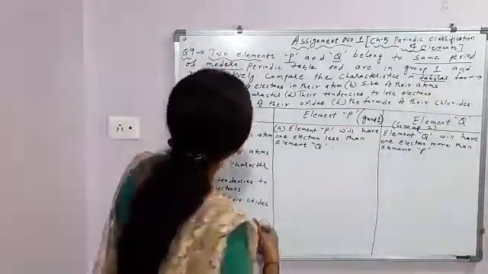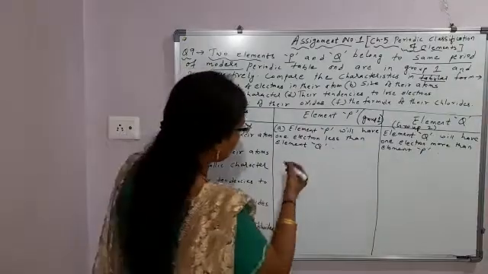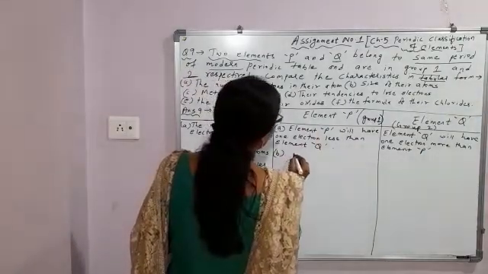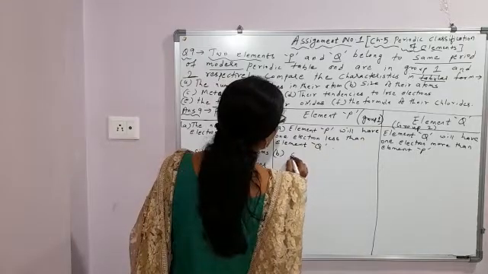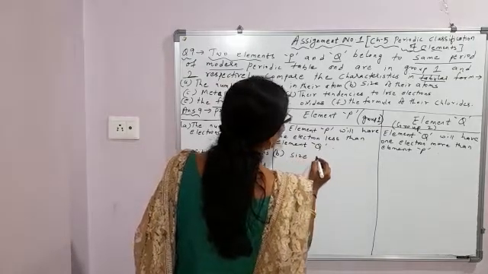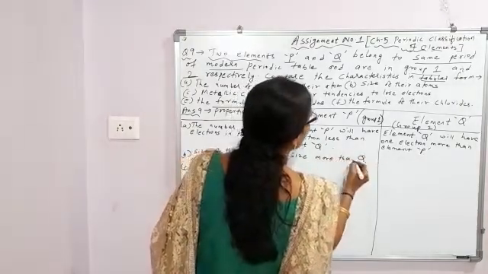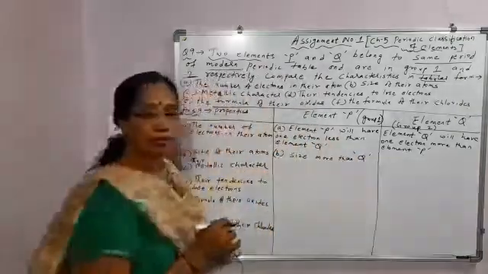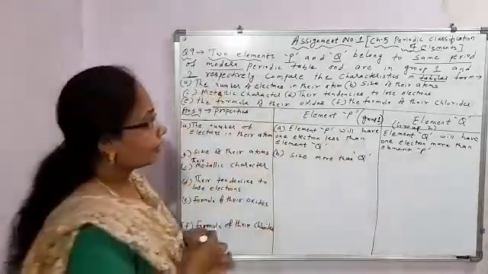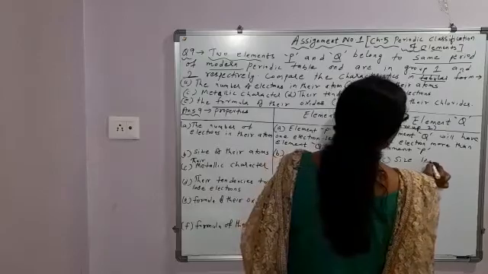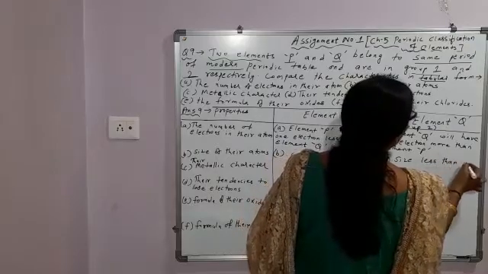Okay. So, size of their atom: element P, size more than Q. And element Q, size less than P.